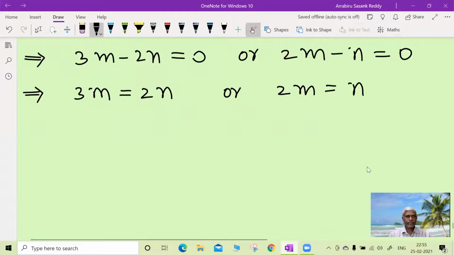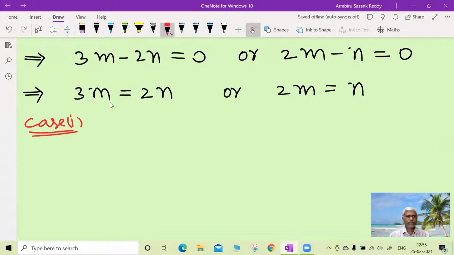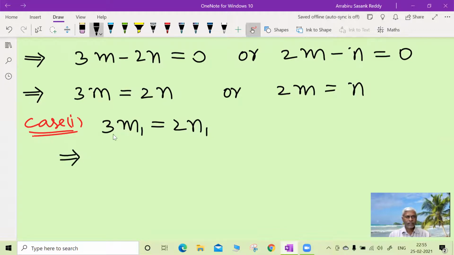Now, case 1: 3m1 is equal to 2n1. This can be written as m1 by 2 is equal to n1 by 3.